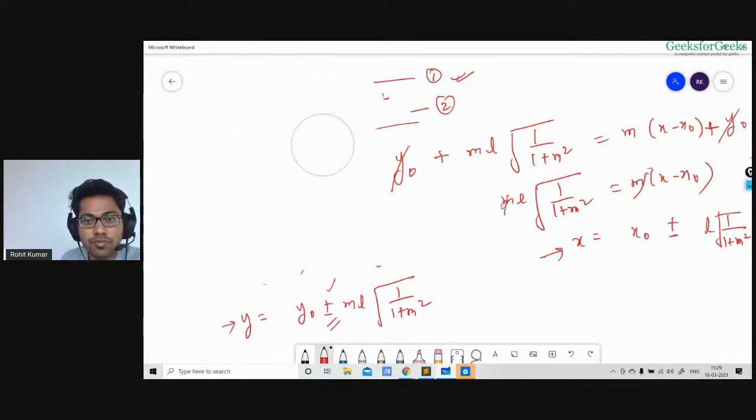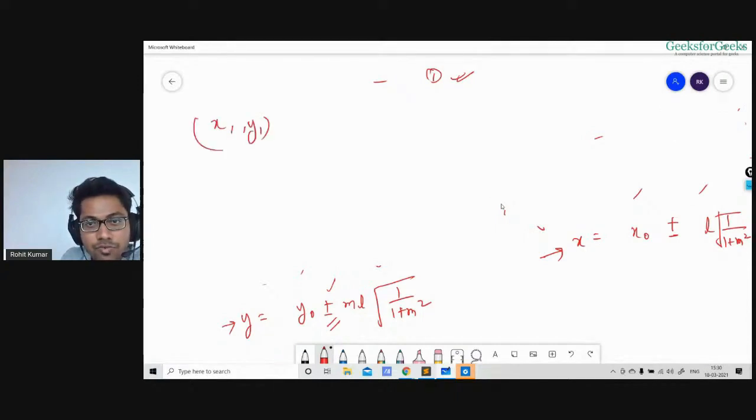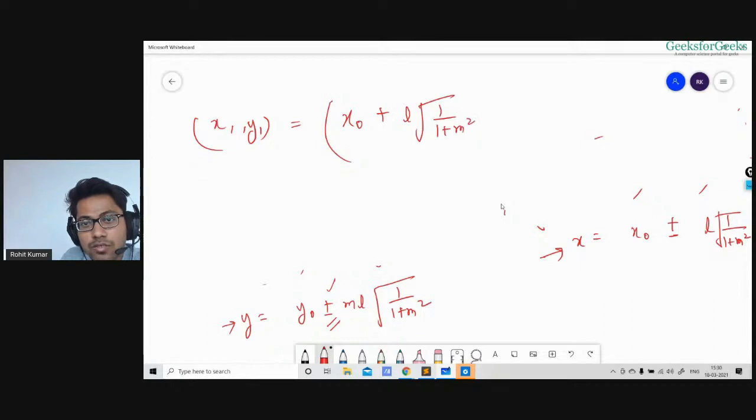Let me write them down separately so things will be much clearer. Let's say the first point I got is x1, y1. This comes out to be x naught plus L square root of 1 by 1 plus m square, and the next one comes out to be y naught plus ml square root of 1 by 1 plus m square, right?